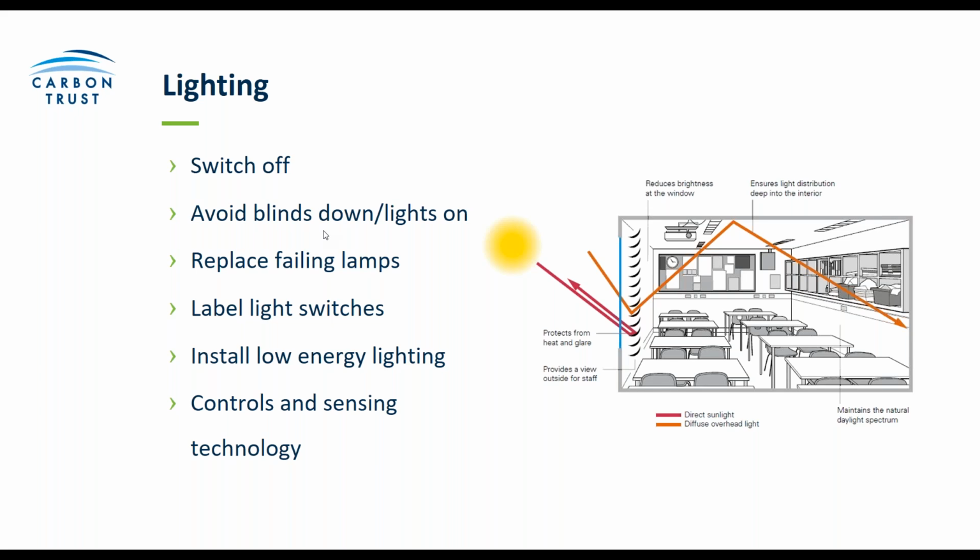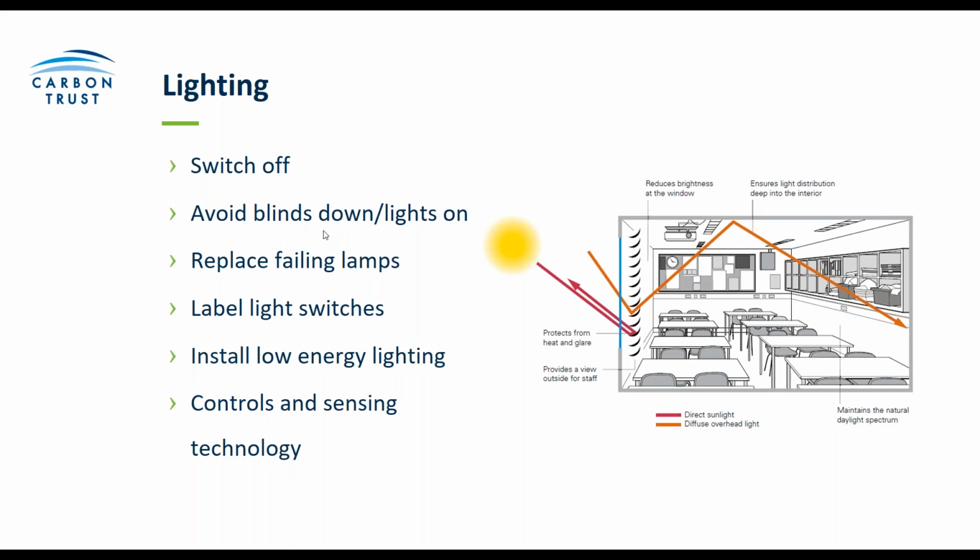The downside of that is that we usually see lighting being switched on because the blinds are actually down. So where possible, it's worth encouraging staff just to use blinds to direct that daylight into the room rather than actually blocking it out altogether, and making sure that any unnecessary lighting isn't used.